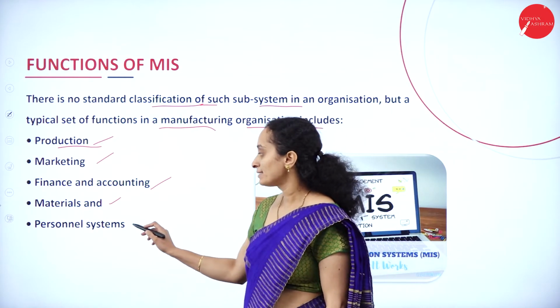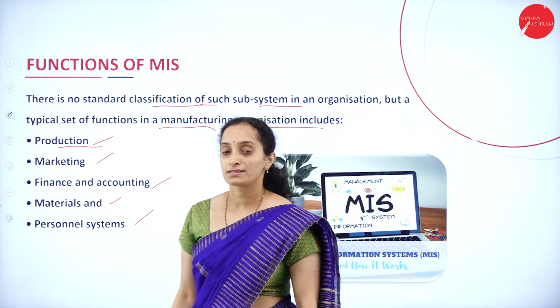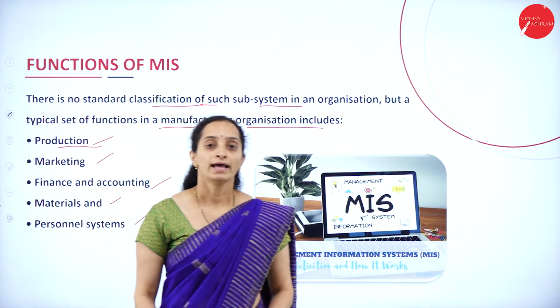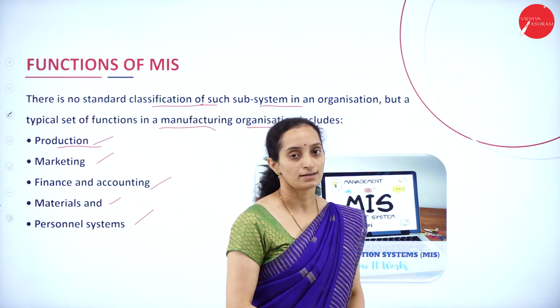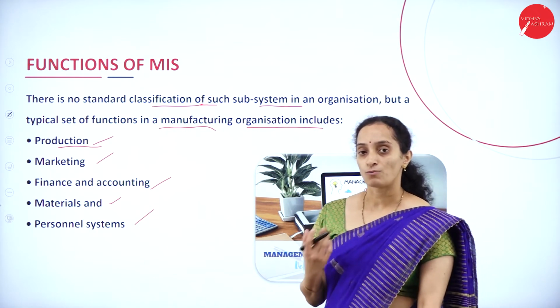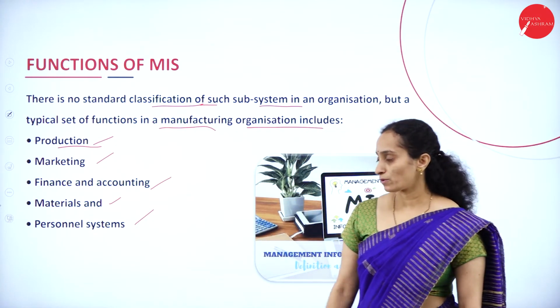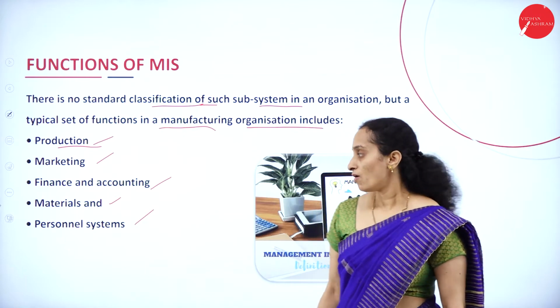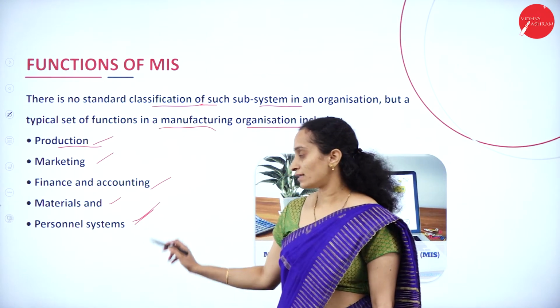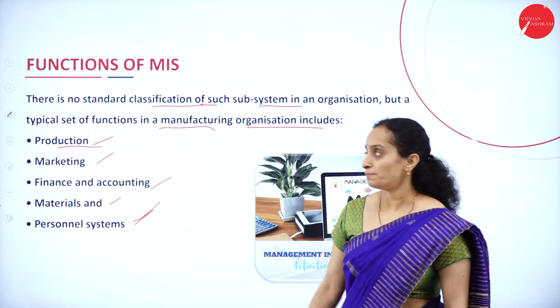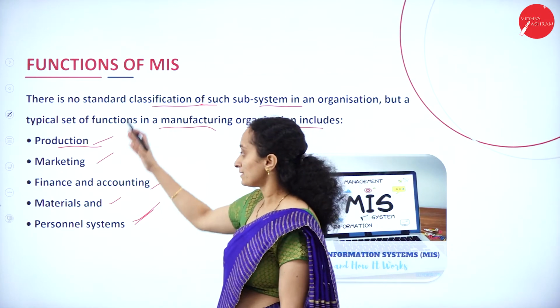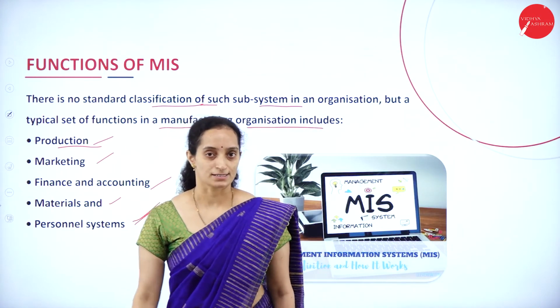And the personnel system. Personnel system is all related to the employees of the organization and their details: how much salary they are getting, what is the work progress of an individual employee. All those things come under the function of the personnel system. The MIS must take care of all these functions.